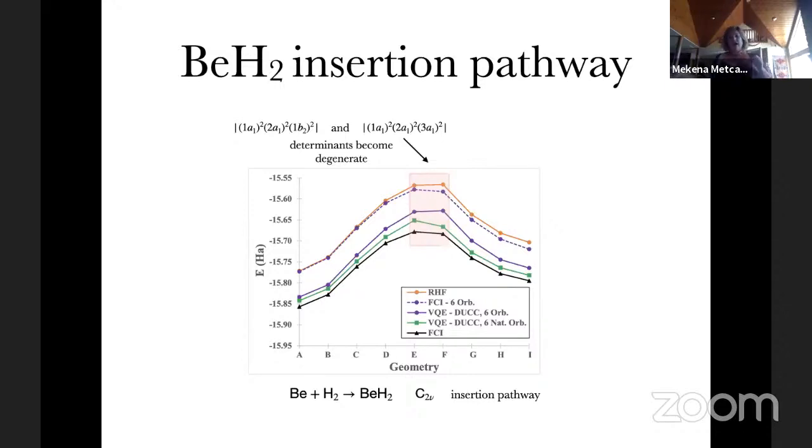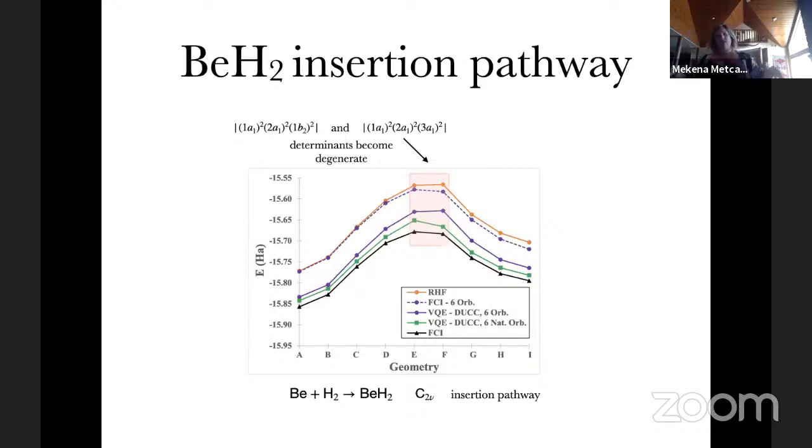And on the other side, when they're separated by a longer bond distance, it is 1A1, 2A1, 1B2, where you have this p orbital in the beryllium. As they come closer together, these two determinants, these two symmetry configurations, become degenerate. So we want to test how DUCC works with these degeneracies, and furthermore how natural orbitals work when you have these degeneracies.